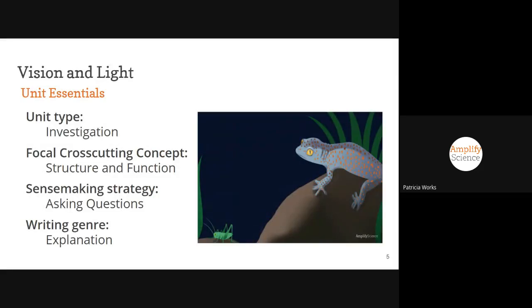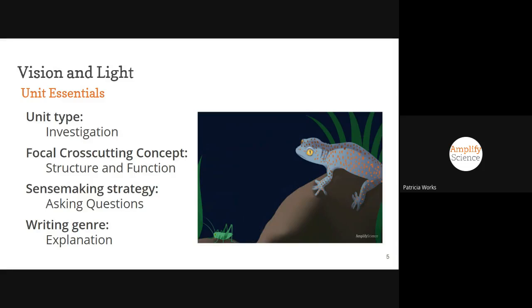This unit is an investigation unit. In their role of conservation biologists, students develop skills with the science and engineering practice, asking questions and defining problems. Students ask questions and think about how their questions can be answered when reading informational text and when conducting first-hand investigations.